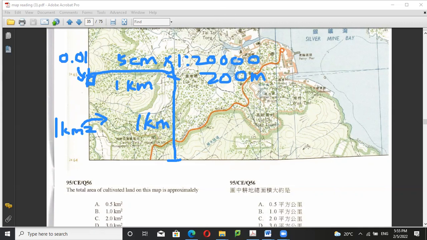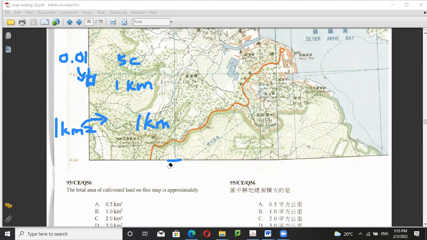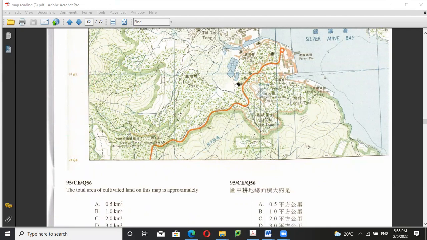So for here, the calculation of the farming area. The farmland area, where is it? Is it here? Yeah.